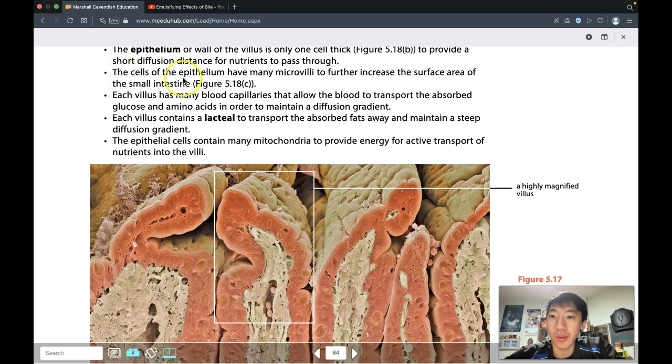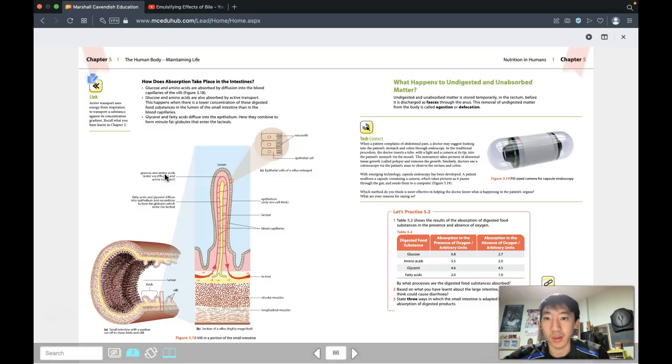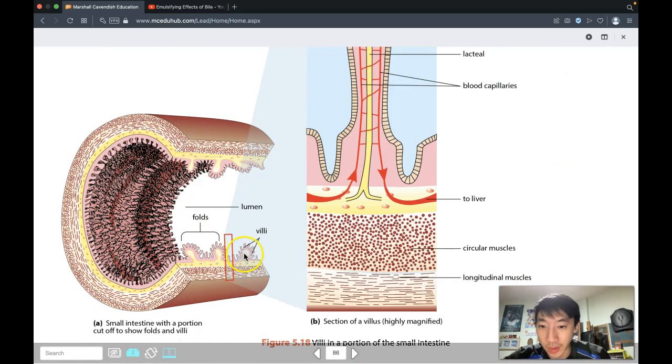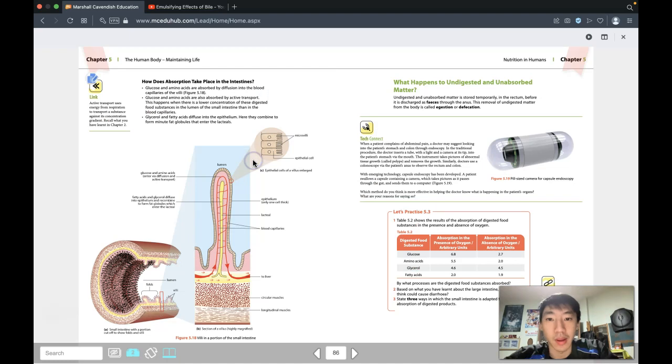Okay, so the cells of the epithelium have many microvilli to further increase the surface area of the small intestine. I'm not sure if there's a picture of that over here. If you see the villi, on the villi itself, they've got more small little hairs called microvilli.